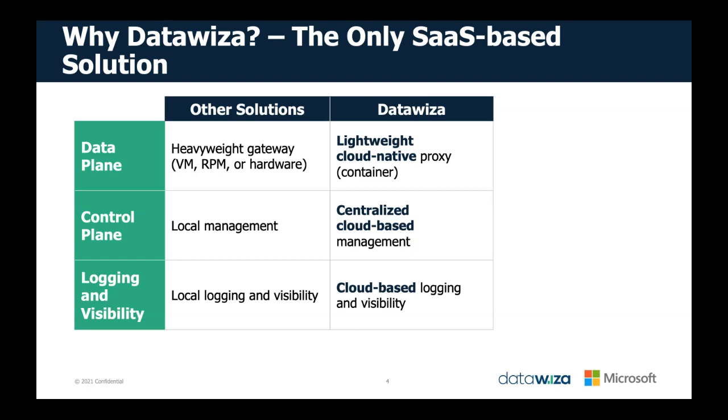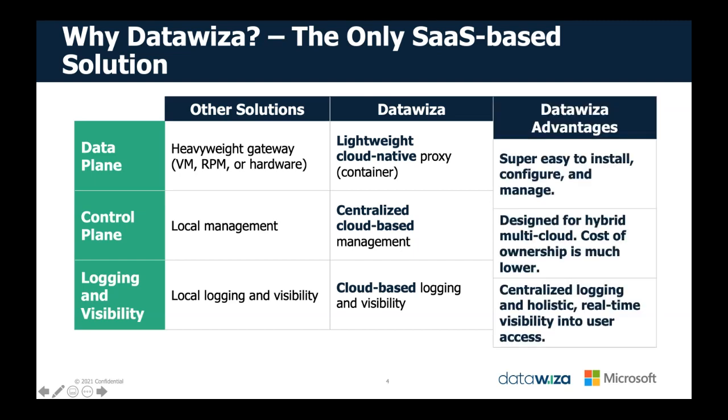Okay. And for the control plane, as we already showed, we have a centralized cloud management console, which makes everything easier, right? And lastly, because we have such a cloud-based management console, we can enable cloud-based logging and visibility.